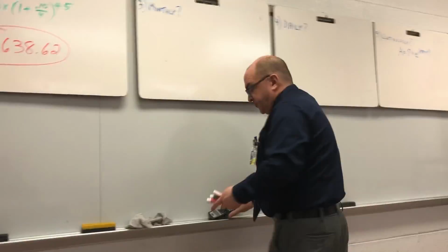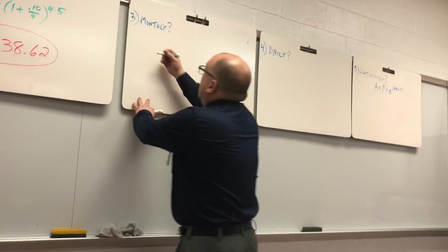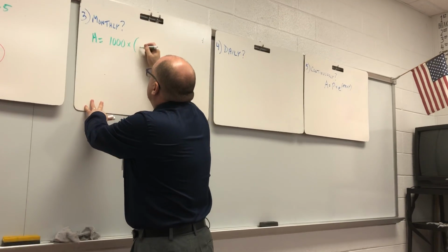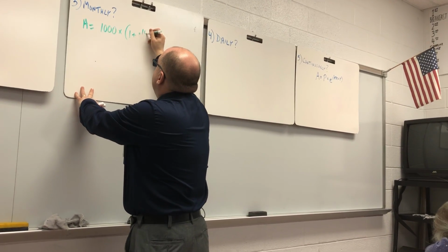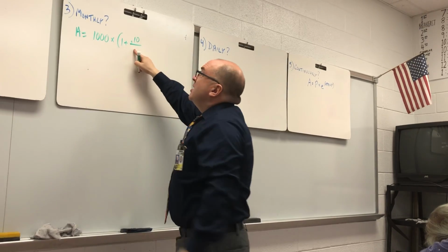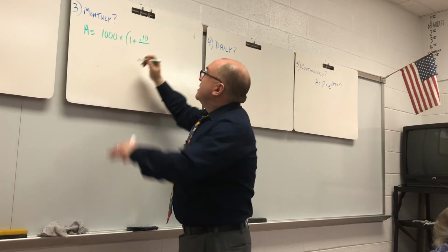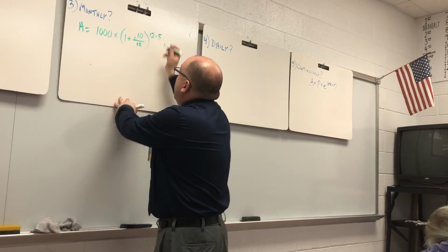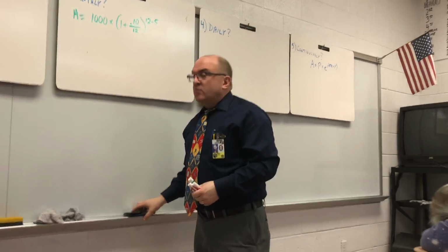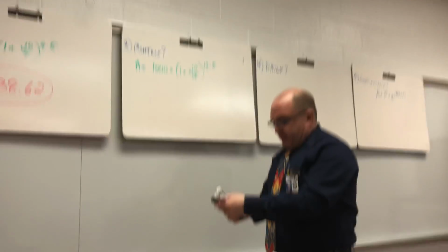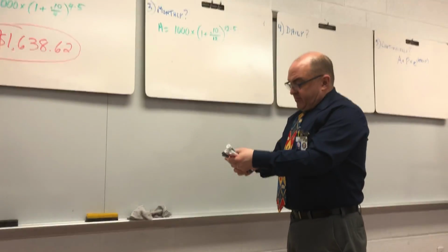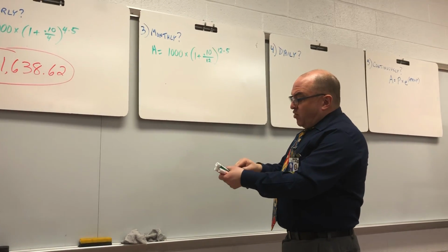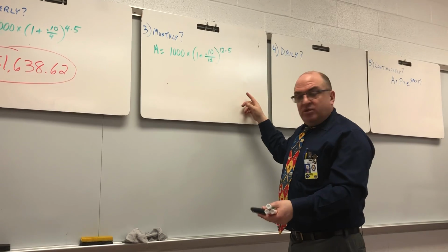Okay, monthly. A equals our $1,000 times 1 plus 0.10 divided by, this time monthly, how many months in a year? 12. To the 12 times 5 years. I'm going to do this all in one step. I'm going to start with 0.10 divided by 12, which gives me 0.00833333333.